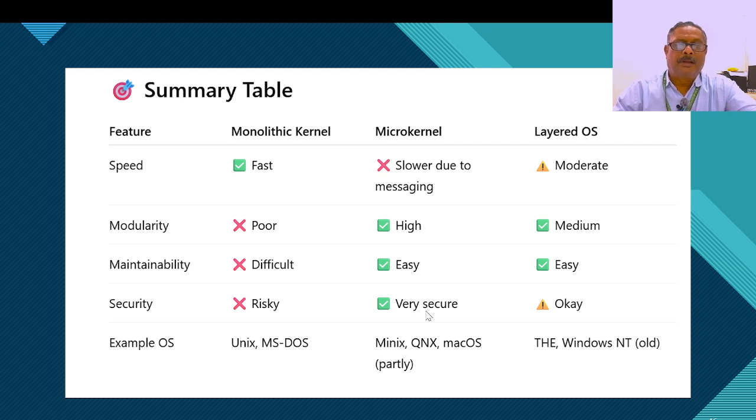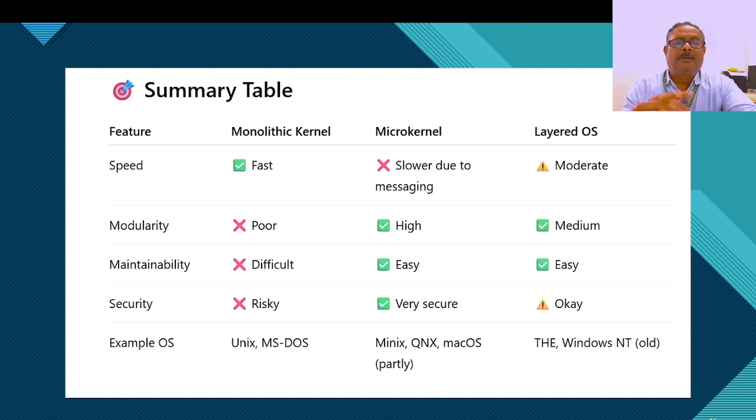Here they are working in parallel, therefore if one thing fails, the others will continue, so it has better security. Looking at the examples, the monolithic kernel is Unix, MS-DOS, the microkernel is Minix and Mac OS, and the layered one is Windows NT, an old version.